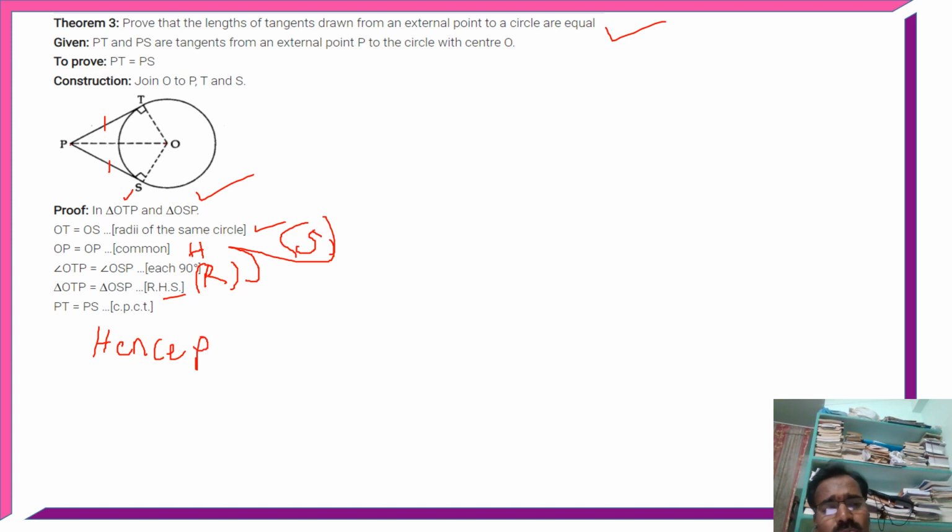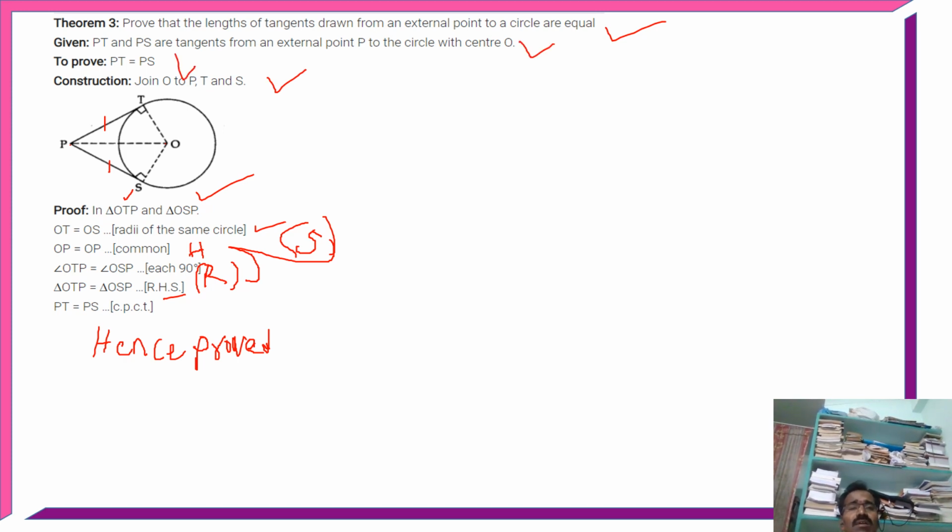So students, it is proved that the lengths of tangents drawn from an external point to a circle are equal in length. Once again I am repeating: construction, join OP and join OT, OS, and we have to prove PT is equal to PS.